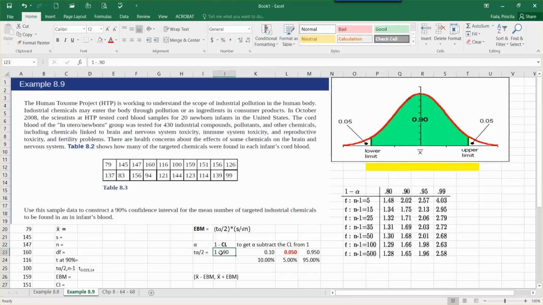Well, if I take 100% minus the confidence level, which is 90%, I get 10%. But now I'm going to have to divide that value by 2, which is 5%.